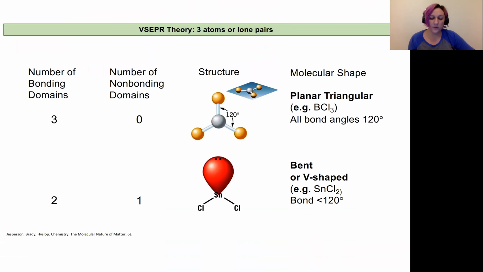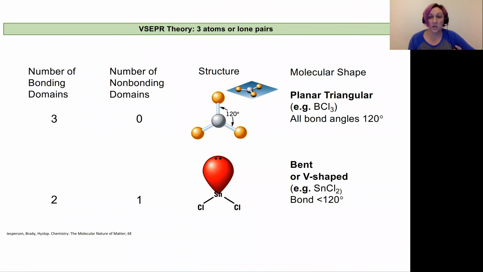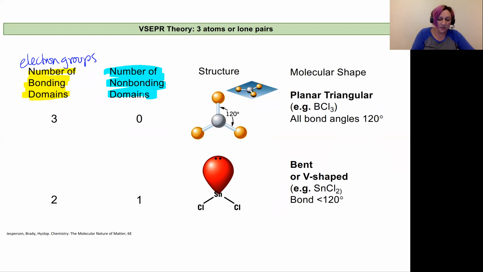So let's walk through now the many geometry names that we have once we start incorporating lone pairs. And what we're going to track in this conversation is the number of bonding domains, and this is really the electron groups. And we're going to be tracking the number of non-bonding domains, which together make up the total number of electron groups.